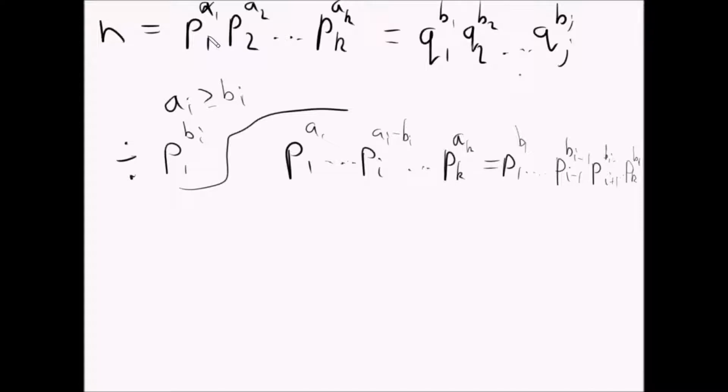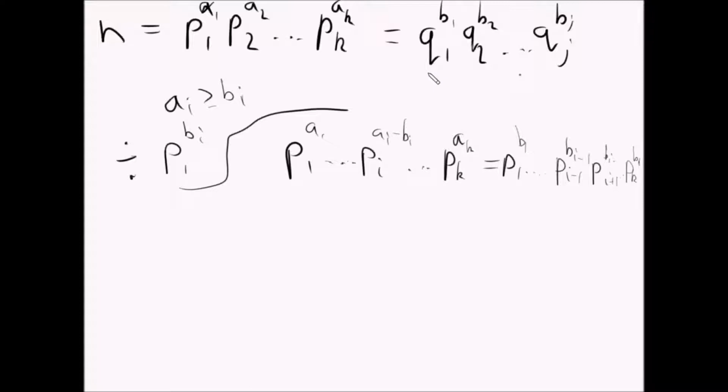For the first prime factorization, I've used p1 up to pk for the prime factors, and each prime factor has an exponent a1 up to ak, where the subscript just labels which factor you're on, and the exponent itself is the multiplicity of that prime factor in the product. And I've assumed that there's some second prime factorization where I've used q instead of p and b instead of a for the powers of the prime factors.